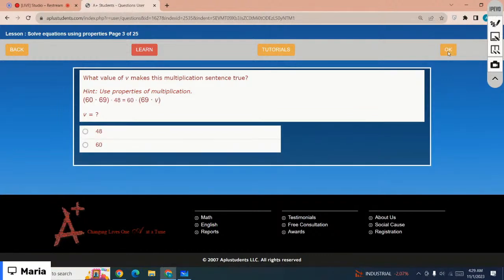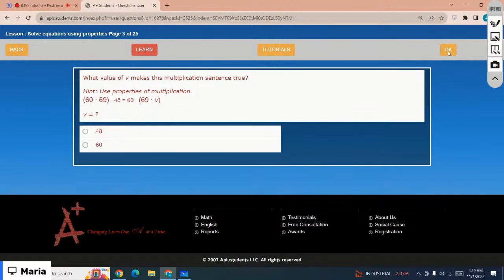Okay, the next one is, what value of v makes this multiplication sentence true? Which is the correct option? You have to apply the properties of multiplication here. So just be careful, that is the associative property of multiplication.